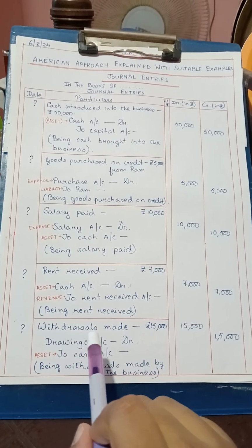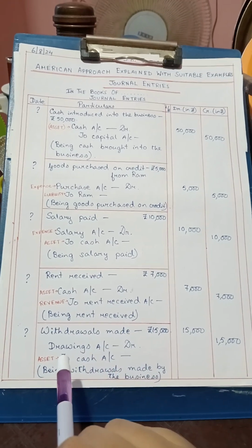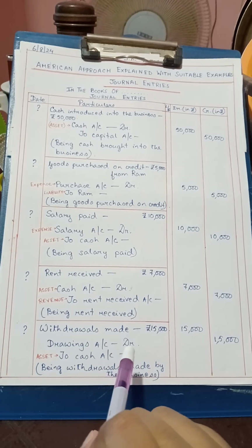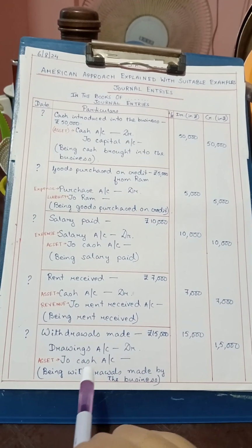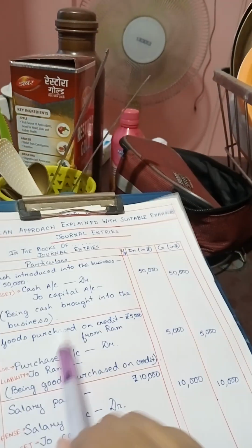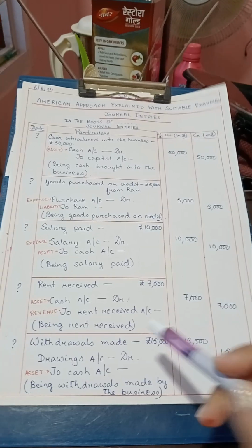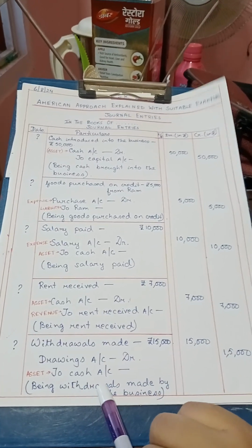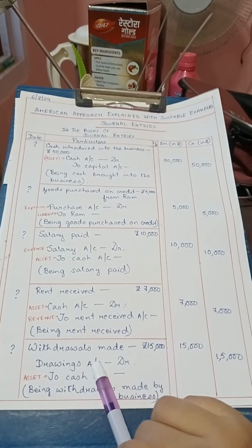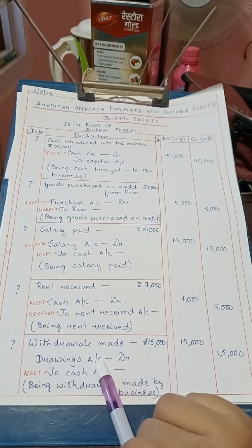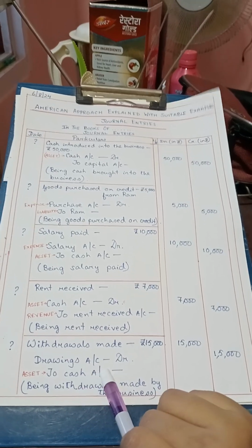Then for withdrawals made, you see here, the drawings account is treated like an expense account. When it increases, it should be debited. At the same time cash goes out of the business. A partner of the business has withdrawn some amount of money from the business, so that is drawings.